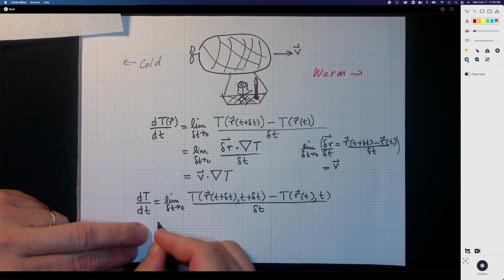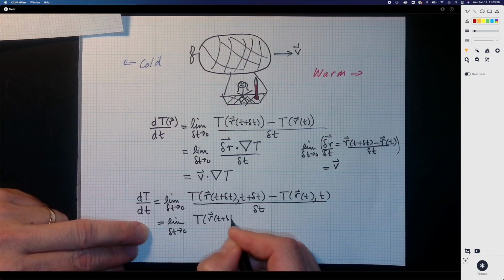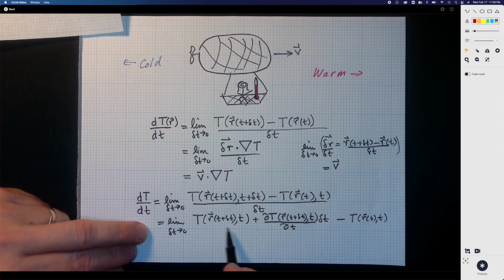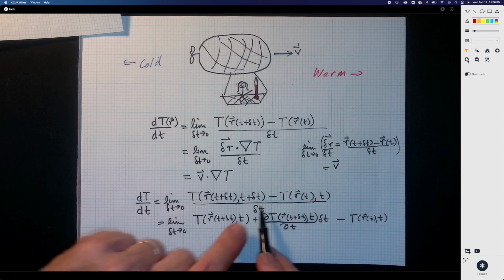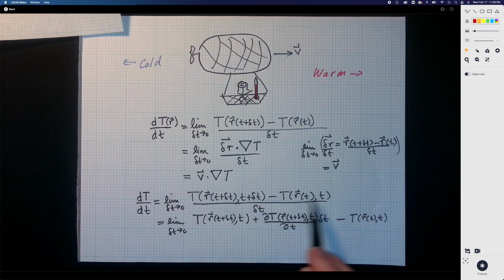And so this will be the limit as delta t goes to 0. And here I've just expanded the temperature in its Taylor series, expanded in terms of the second argument, the time argument. So this is the Taylor expansion of T to first order about the point r at t plus delta t and t. And all this then is divided by delta t.